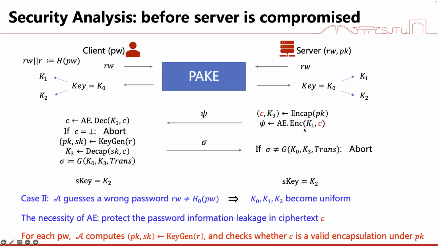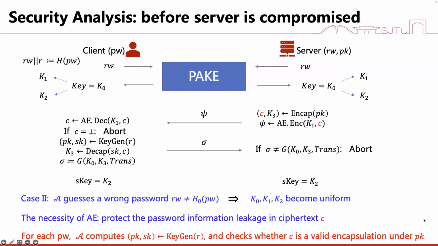And here we stress the necessity of the underlying authenticated encryption scheme. If we don't use the AE to encrypt the ciphertext C, there will be an offline attack. The adversary can try every password in the dictionary and then generate a key pair PK, SK using the hash value of the password as the randomness. And then it checks whether the ciphertext C is a valid encapsulation under the public key PK.